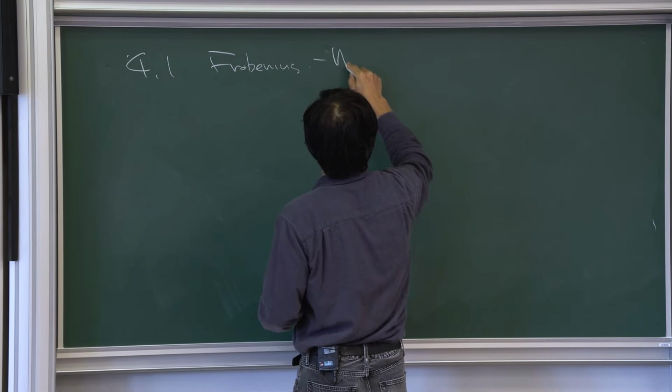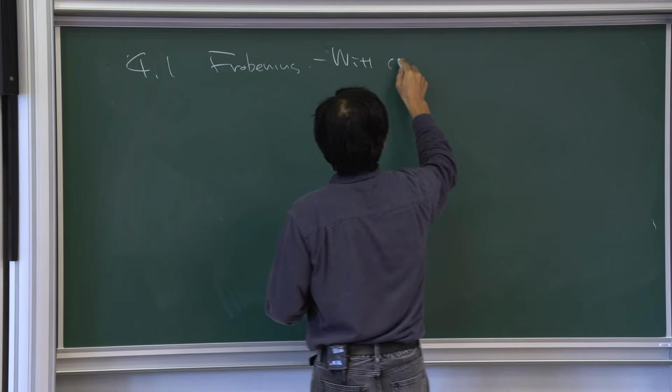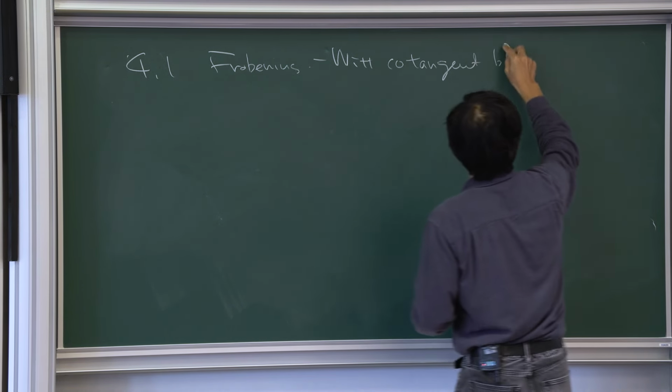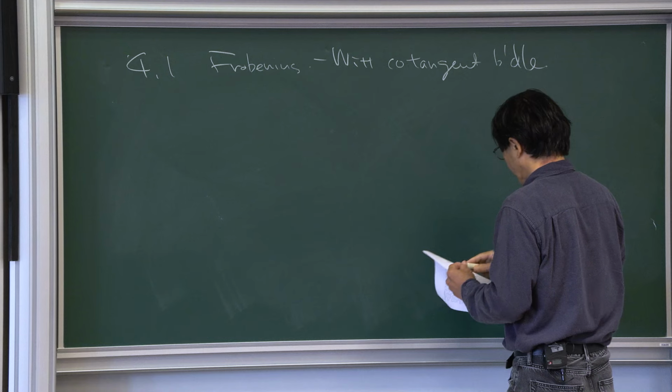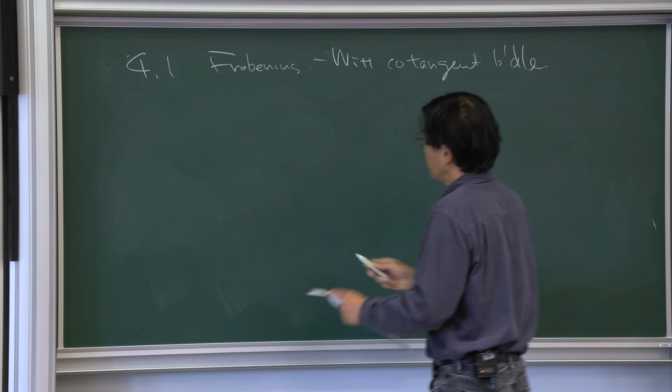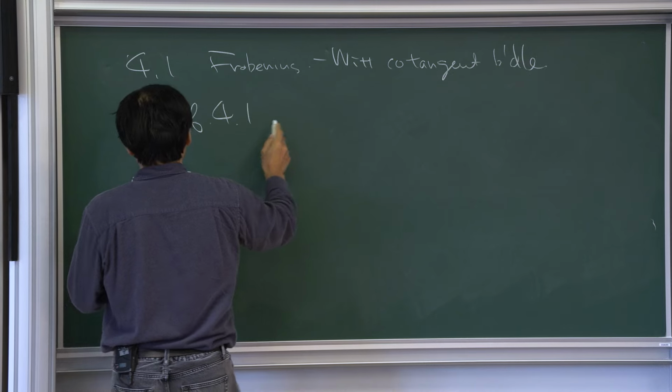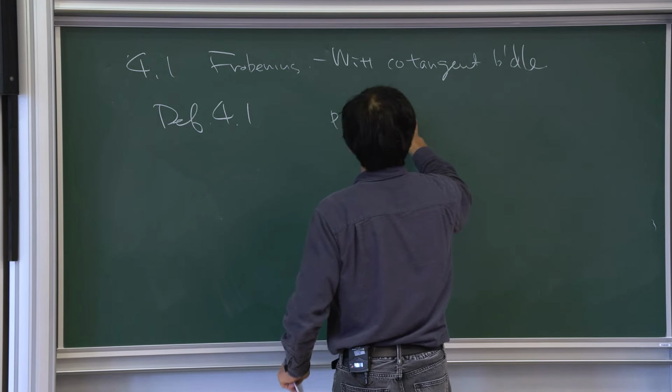The Frobenius Witt cotangent bundle. Okay, let me begin with the definition. Let p be a prime number.